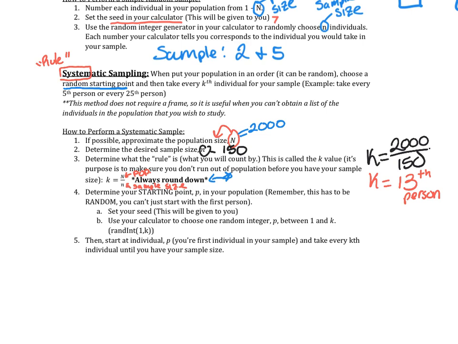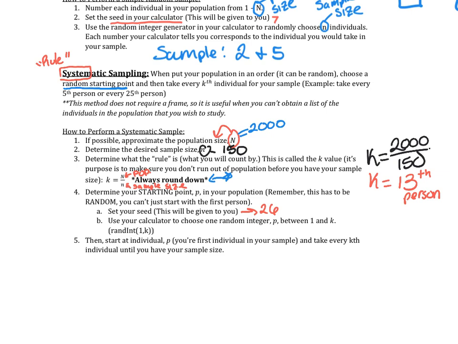So you're going to set your seed, which will be given to you. So let's use a seed of 26. So again, to set your seed, you type in 26, hit the store button with the arrow, math, PRB, and then select that first option, rand. Hit enter again, so 26 shows up on your screen as the answer.